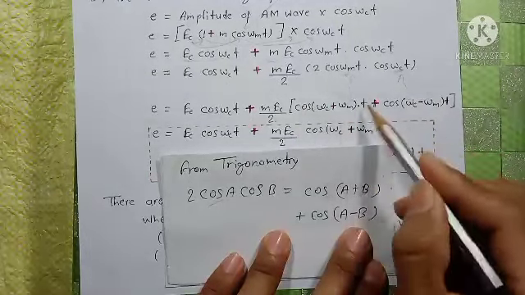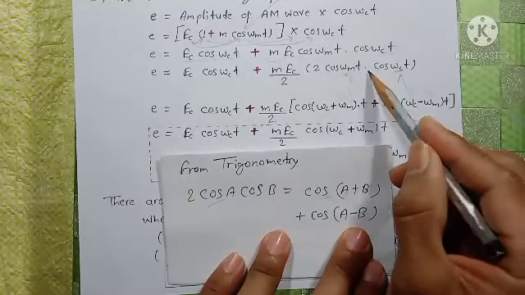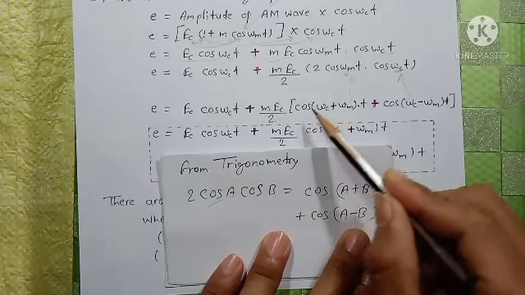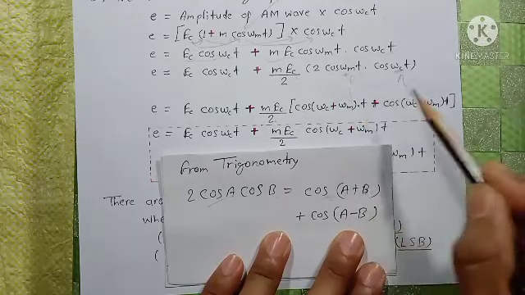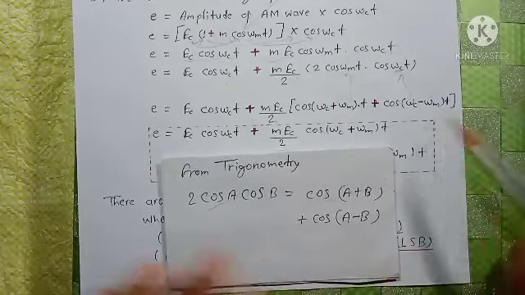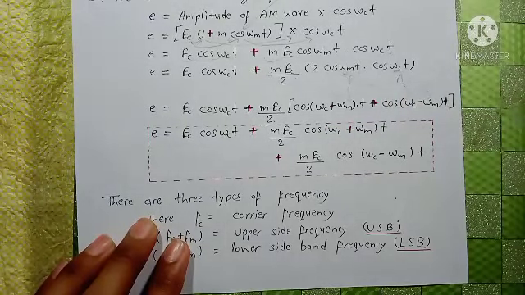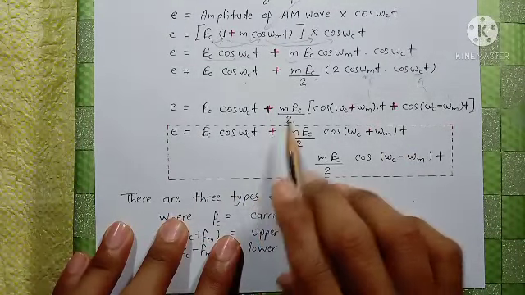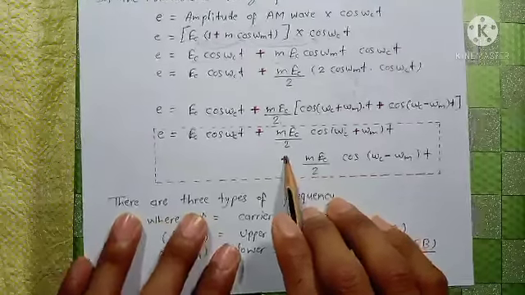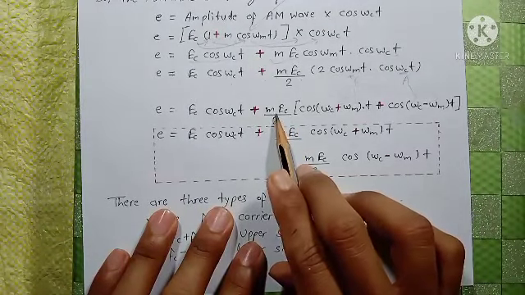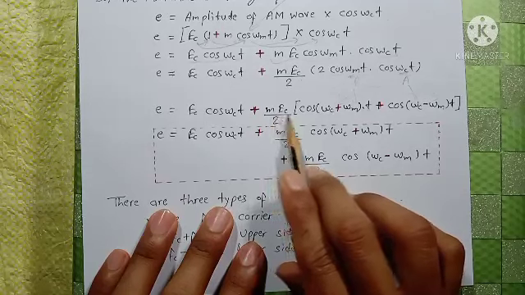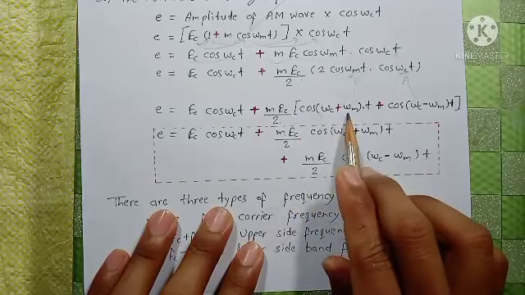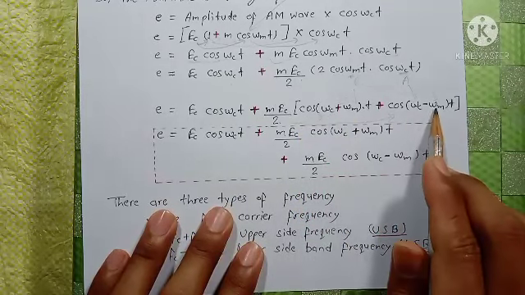So we will write 2 cos omega m t into cos omega c t is cos (omega c plus omega m) t plus cos (omega c minus omega m) t, and we will write it as E is equal to EC cos omega c t plus m EC divided by 2, and we multiply m EC divided by 2 individually with cos (omega c plus omega m) and cos (omega c minus omega m).